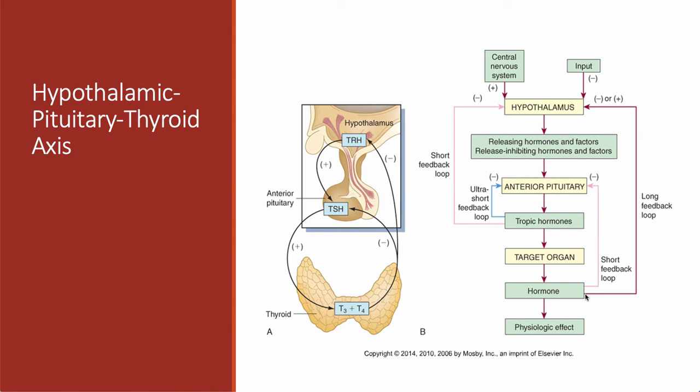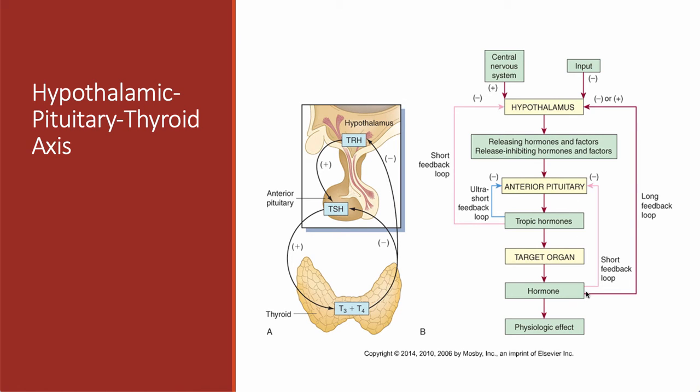Simultaneously, the T3 and T4 are going back to the hypothalamus, and they are telling the hypothalamus, hey, we got plenty of T3 and T4, so I'm going to slow down production as well. And that's the negative feedback loop that's so important.